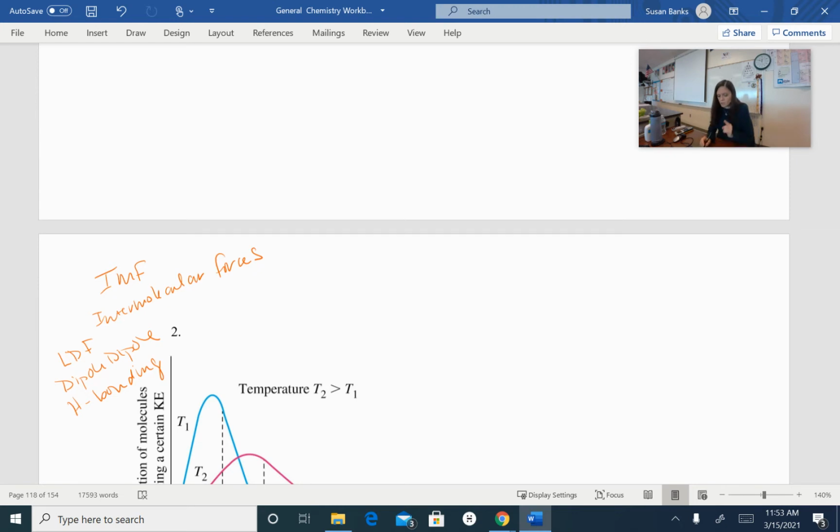Okay? So the second thing that we need is we have to have enough kinetic energy, and I always shorten kinetic energy to KE, to break the intermolecular forces, or the IMFs, of the neighboring molecules or particles.